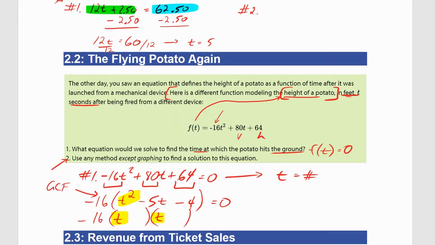Now, real interesting is there is a relationship between this negative 4 and the negative 5t. What two numbers can multiply here and here to get us negative 4? We know that 1 times negative 4 gives us negative 4, but does 1 minus 4 give us negative 5? It doesn't, does it? What about negative 4 times 1?